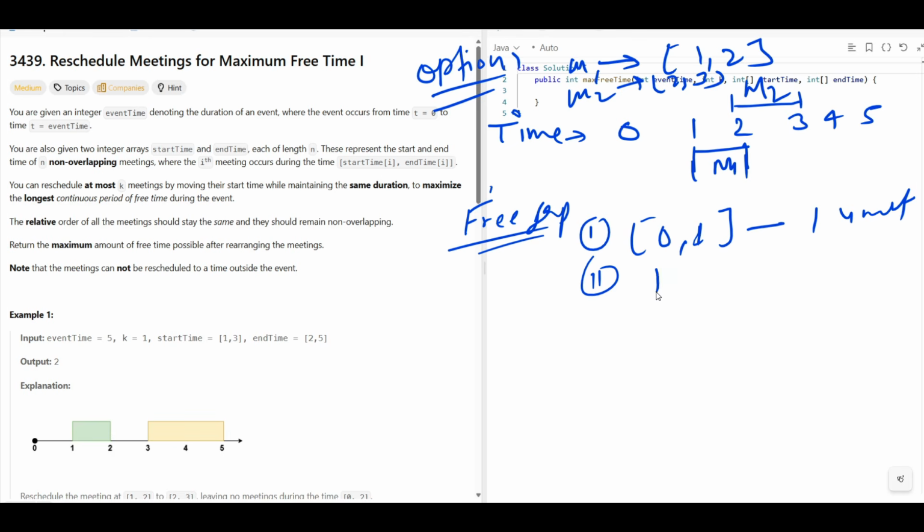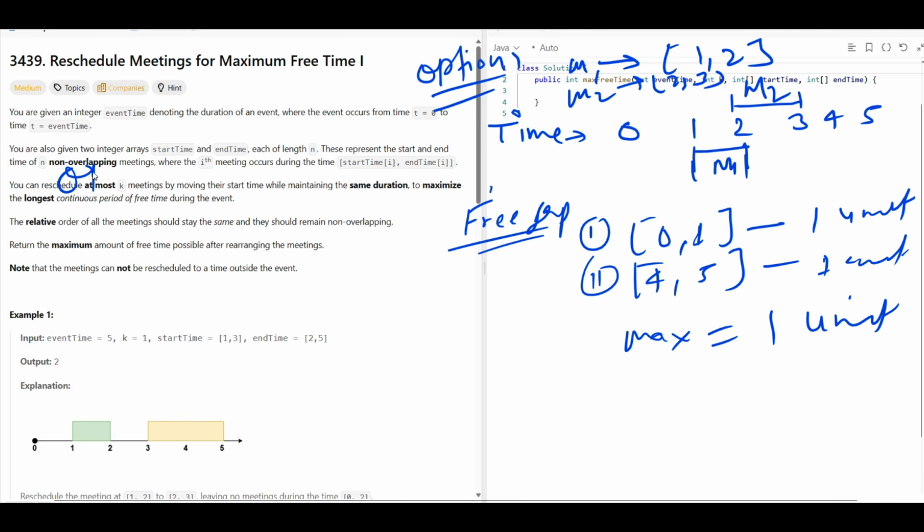So the free gap we can say is 1 unit, and still not better. So the max is 1 unit.